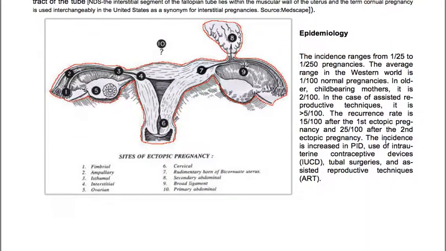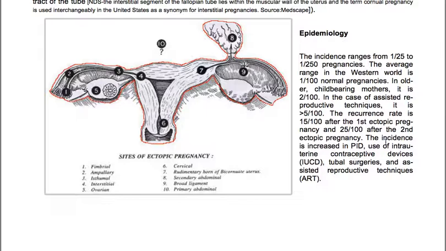Epidemiology. The incidence ranges from 1/25 to 1/250 pregnancies. The average in the Western world is 1/100 normal pregnancies. In older childbearing mothers, it is 2/100. In the case of assisted reproductive techniques, it's more than 5/100.